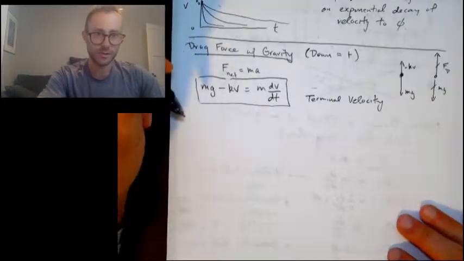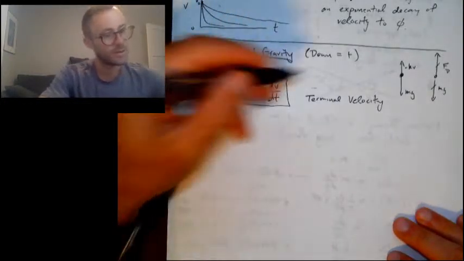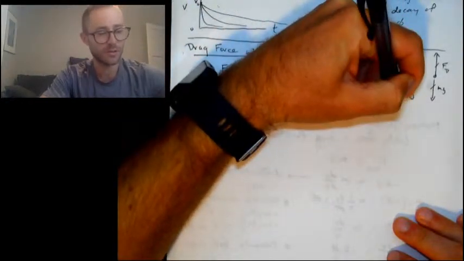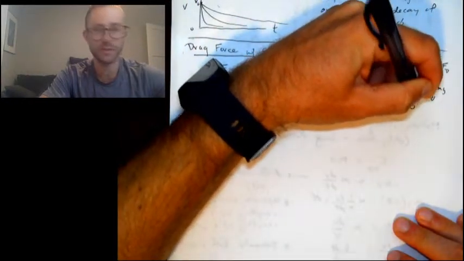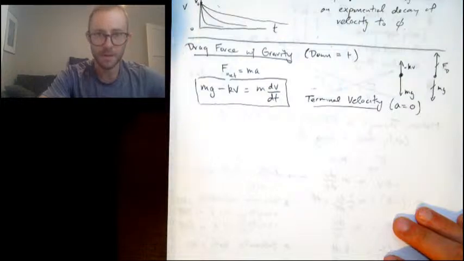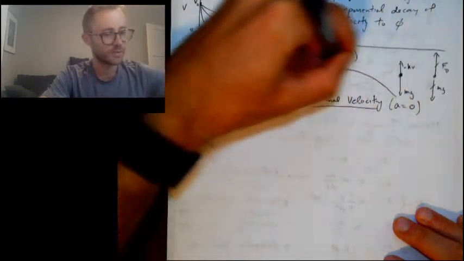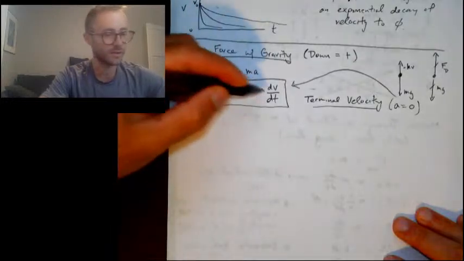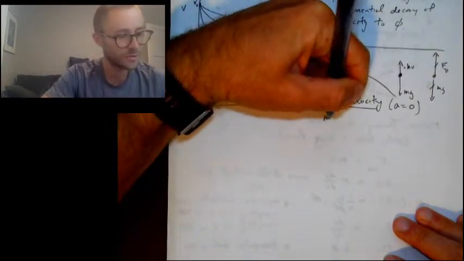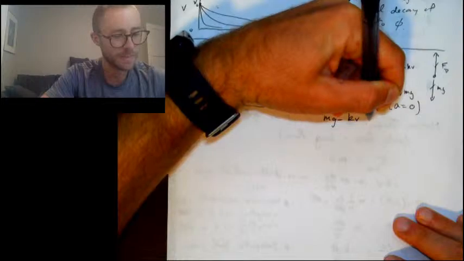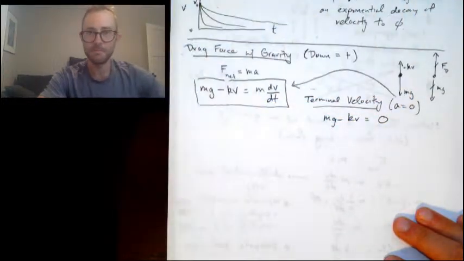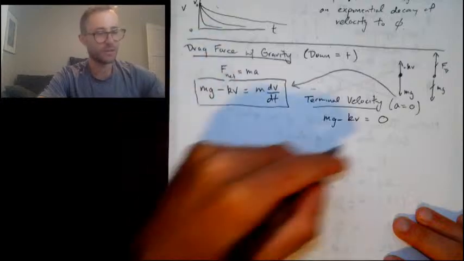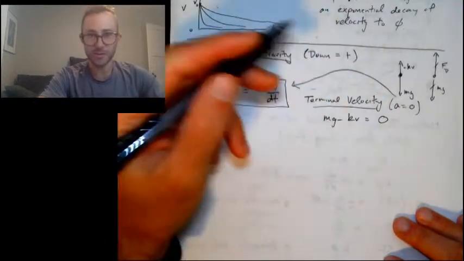Okay, so we can calculate the terminal velocity. Here's how we calculate it. The terminal velocity is achieved once the acceleration equals 0. So we just plug in 0 into this equation for the acceleration. So we have mg minus kv equals 0. All right? Then we can notice how this became an algebraic equation now.